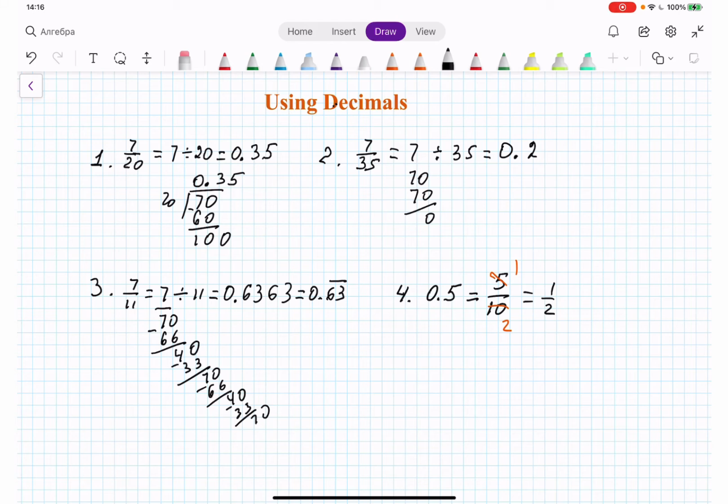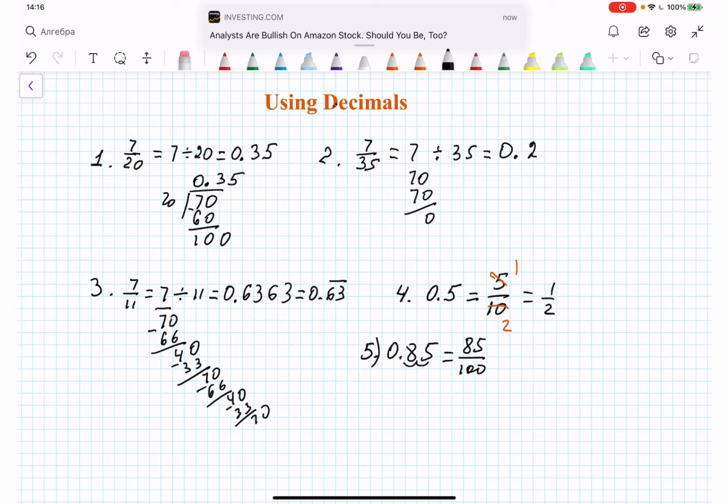Write the decimal as a fraction in simplified form. Number 5. We have 0.85. We need to write it down as a fraction. This is equal to 0, meaning there is no whole number. 85, since two positions, I'm putting two zeros. Look here, one position, I'm putting 1 0. So 85 over 100.